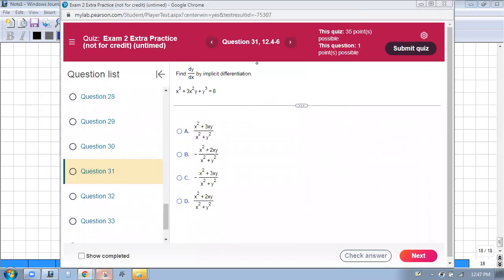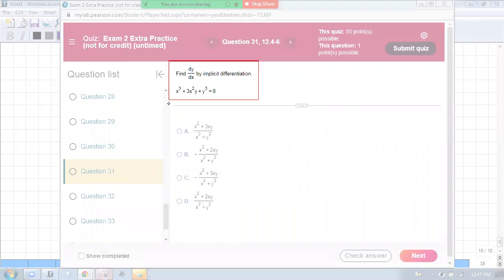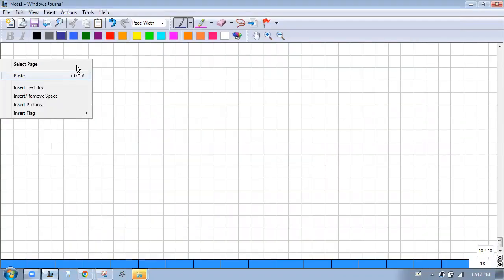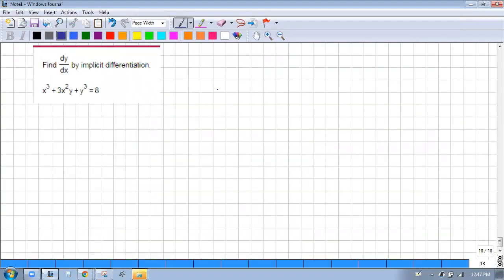Implicit differentiation. Okay. These are easy, right? So we're finding dy/dx, or y prime. We'd have 3x squared plus, here we're going to do the product rule: the first function times the derivative of the second, plus the derivative of the first function times the second.